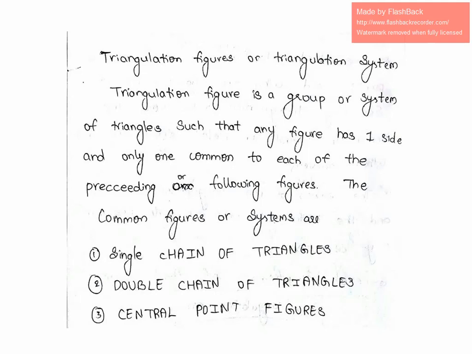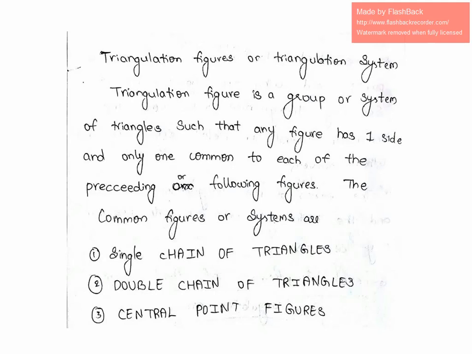In the triangulation system, we divide that area into a number of triangles and conduct the survey. The apex points of those triangles are called triangulation stations, and the whole area which is divided into a number of triangles is called the triangulation system or triangulation figures.